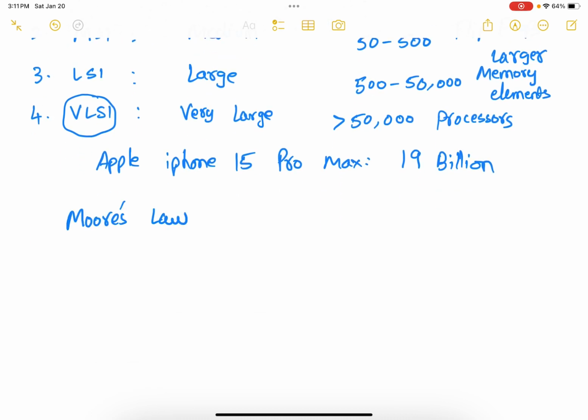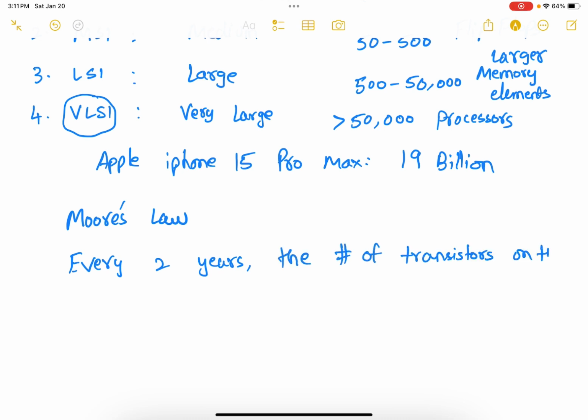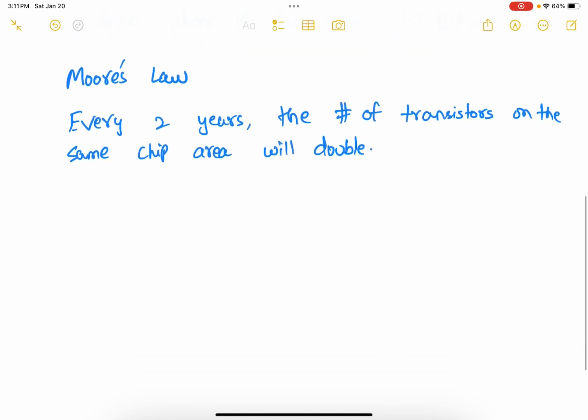What Moore's law states is, every 2 years, the number of transistors in a chip area is going to double. So every 2 years, the number of transistors on the same chip area will double. For example, let's assume that we are in the year 2000.